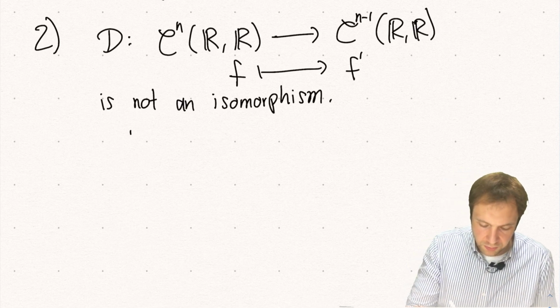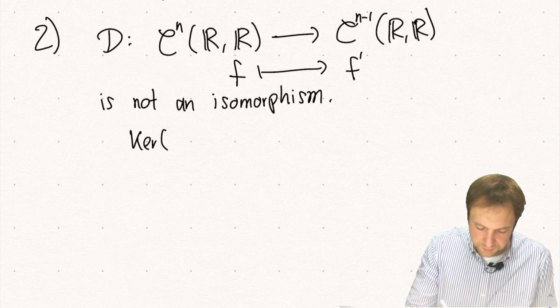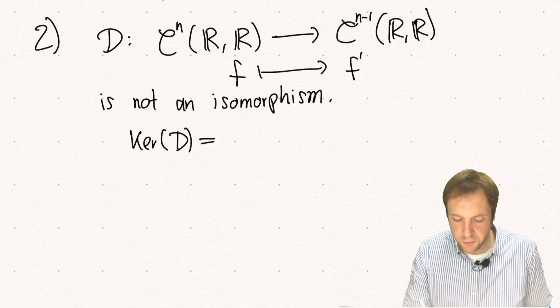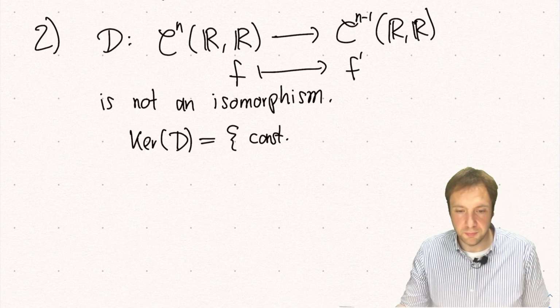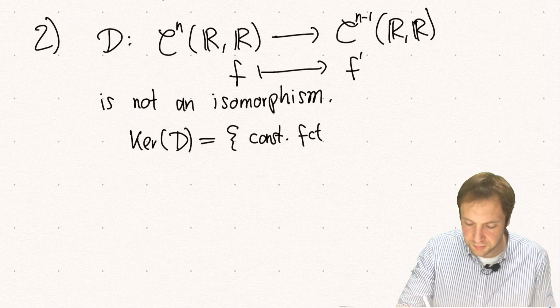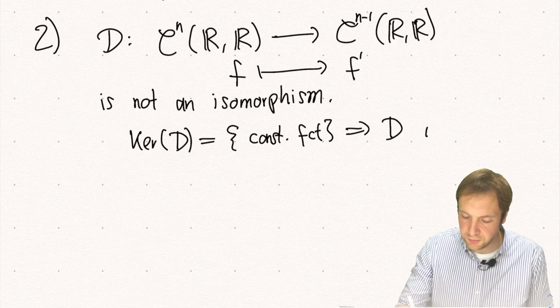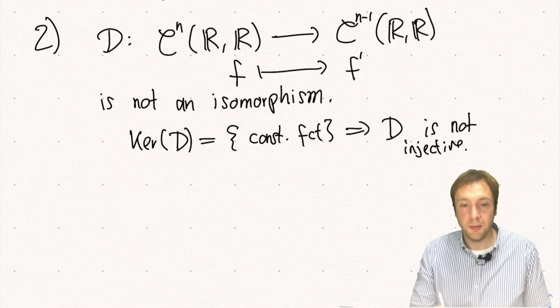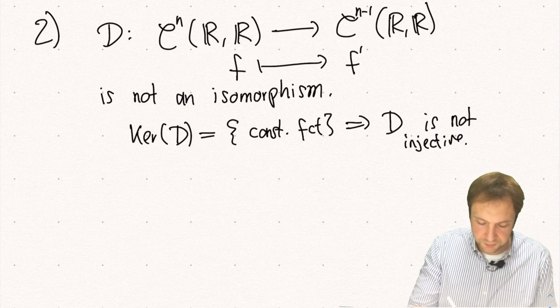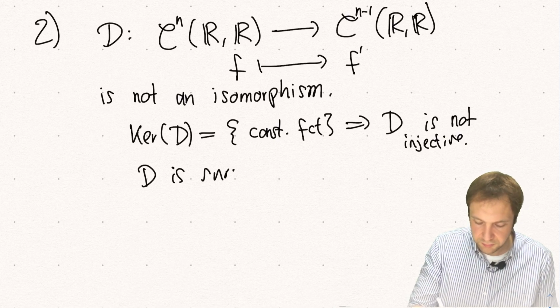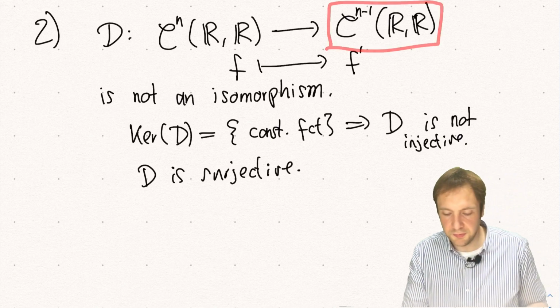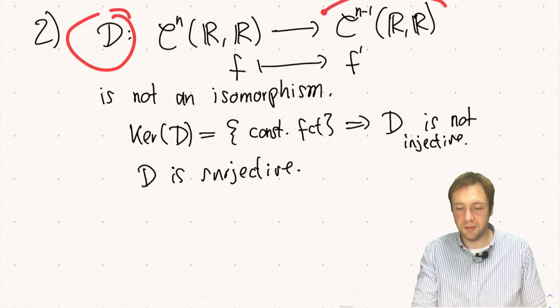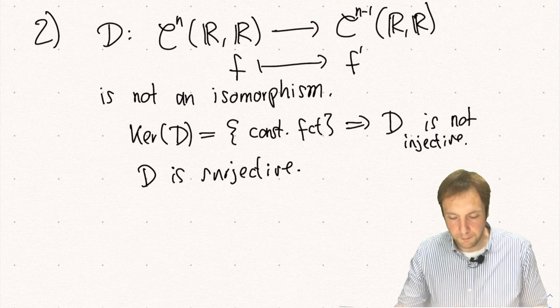Because what is the kernel of this map? Well, the kernel is not just 0, because we already saw that the kernel is given by the constant functions, and therefore this D is not injective. But in this case, this map D is surjective, because here we said this W is C^(n-1), and the image of this map D is exactly the space C^(n-1).